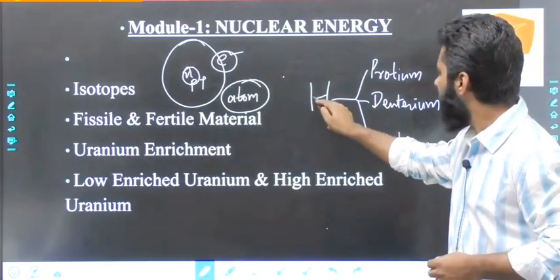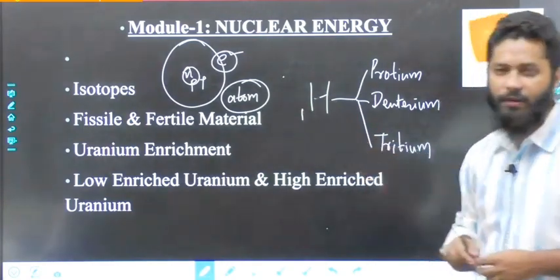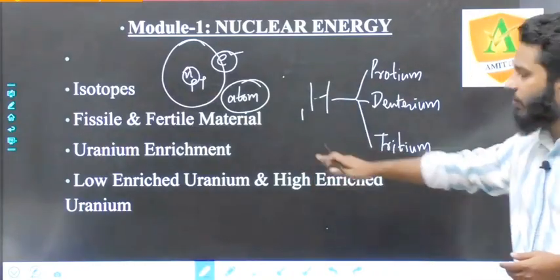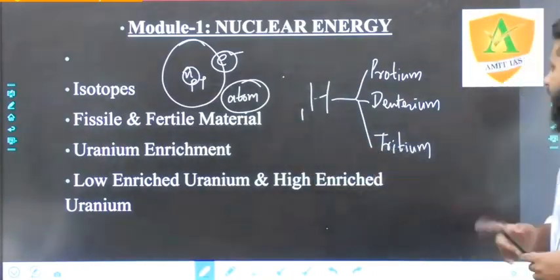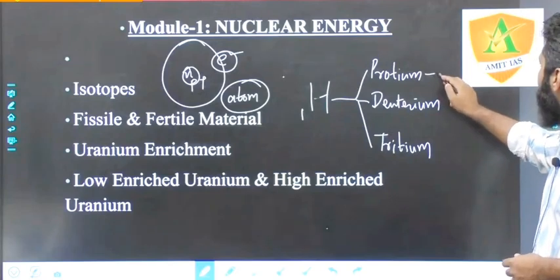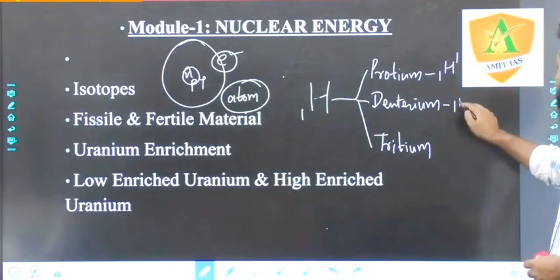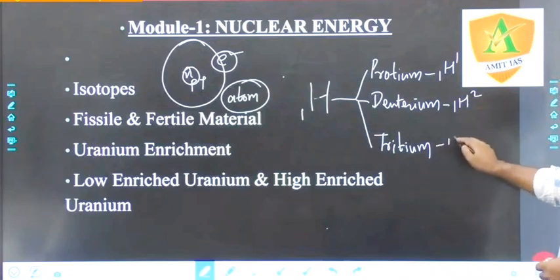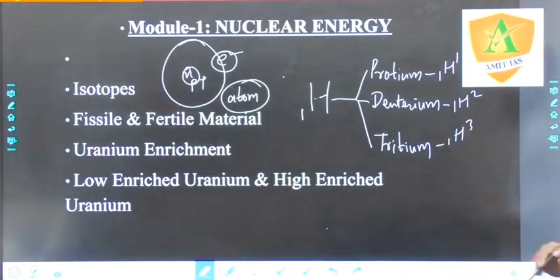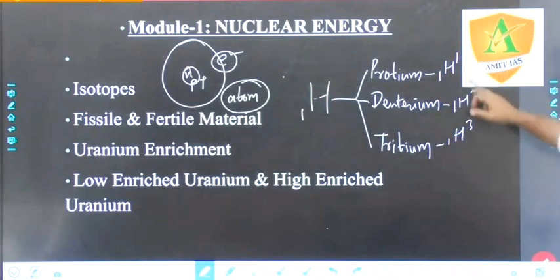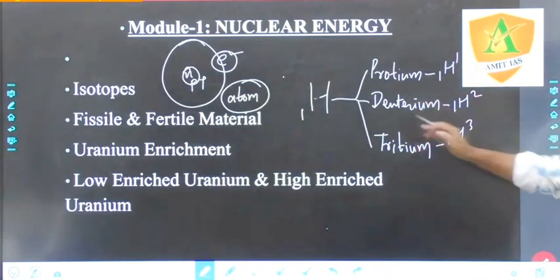Hydrogen has atomic number 1, so we write the atomic number at this place, and there are 3 mass numbers of it. We can write them as 1H1, 1H2 and 1H3. These have atomic number 1, and different mass numbers 1, 2 and 3. So protium, deuterium and tritium.